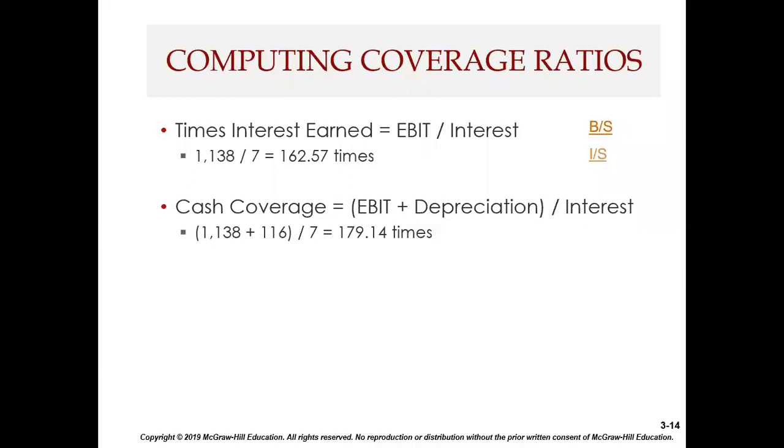And you could see that back at your income statement. So what this is saying is that this company is able to pay their interest almost 163 times from their earnings before any interest or taxes.